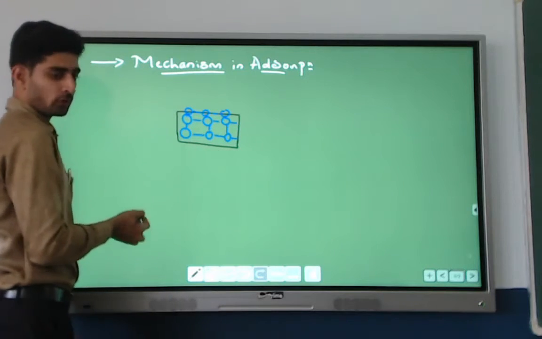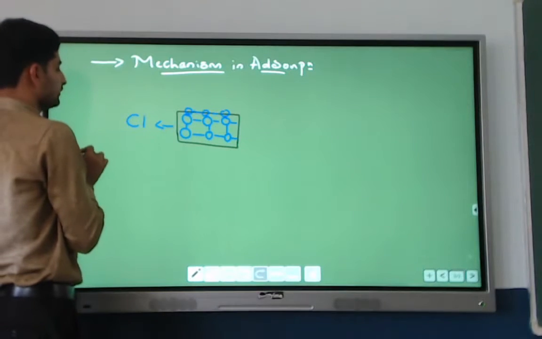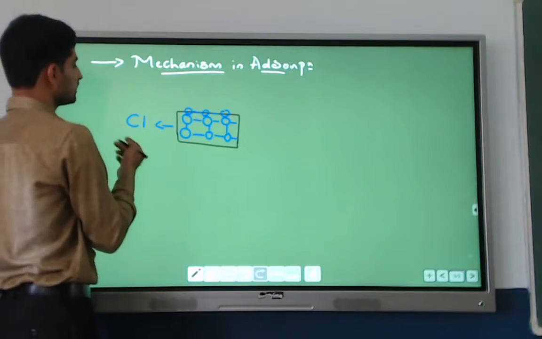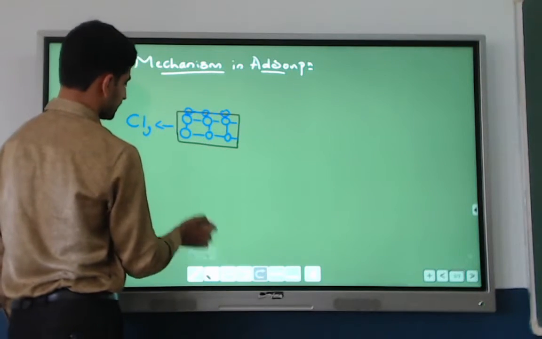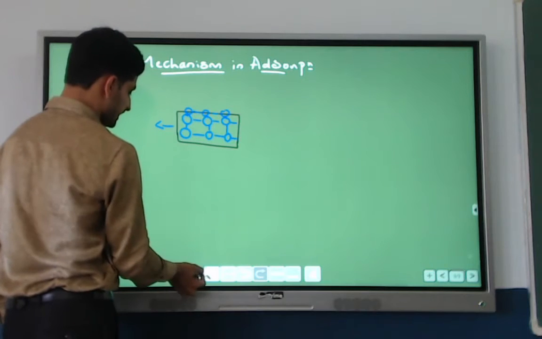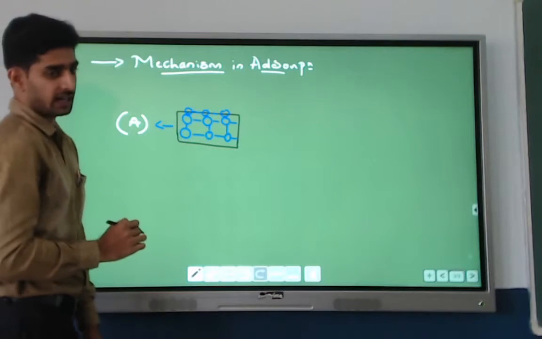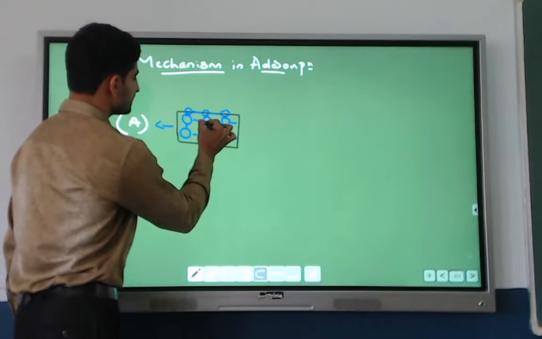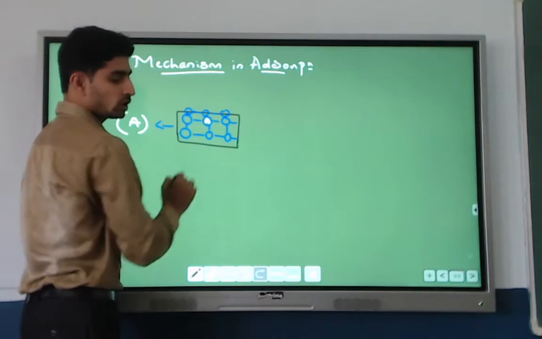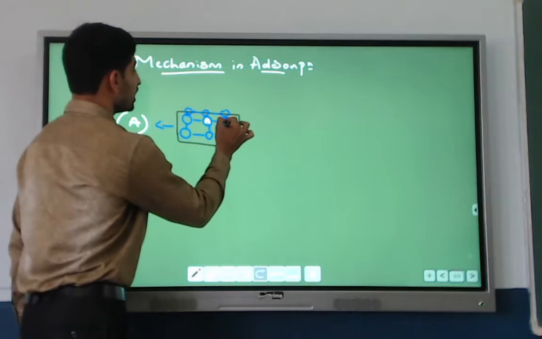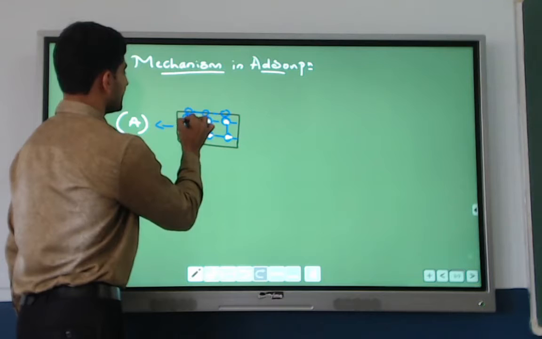Let me take an example: a liquid called A. Inside liquid A, what type of molecules will be there? A molecules. They are surrounded with what type of molecule? A only, in all directions.